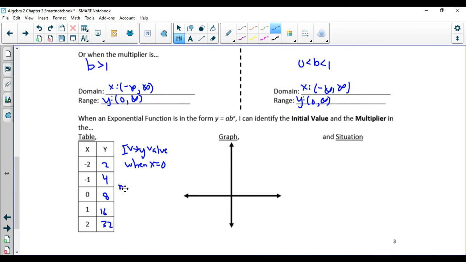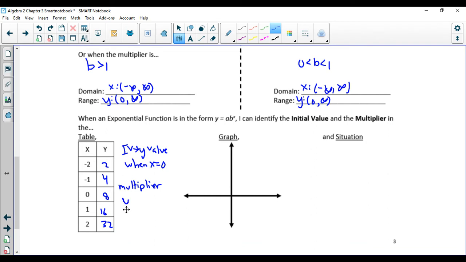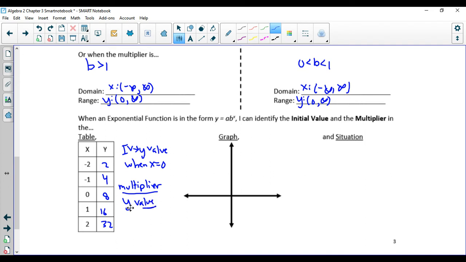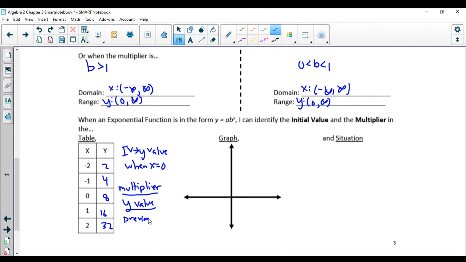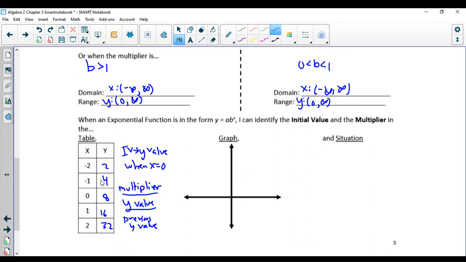And to find our multiplier, we use that formula of a y value divided by a previous y value. So again, here I could take 8 divided by 4, so my multiplier is 2.